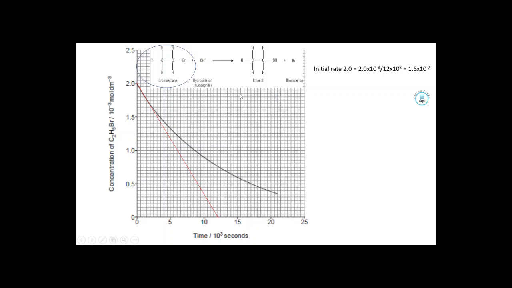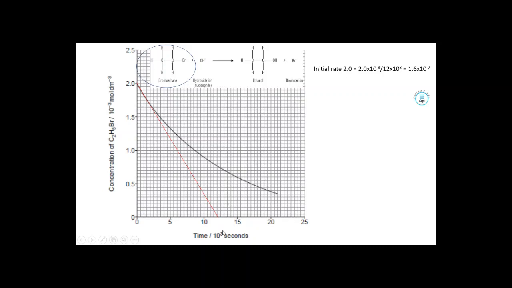You can see my initial rate comes out as 1.6 times 10 to the minus 7. Let me show you where I got that from: my change in y I've taken as 2, and it took, I worked it out as 80, how long is that? 12 seconds.